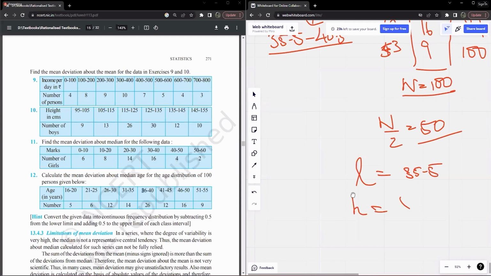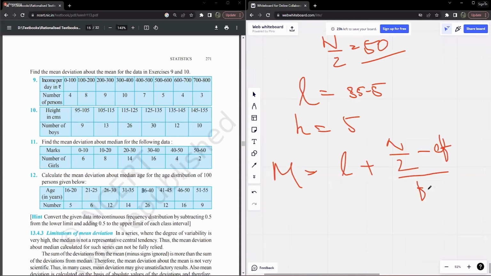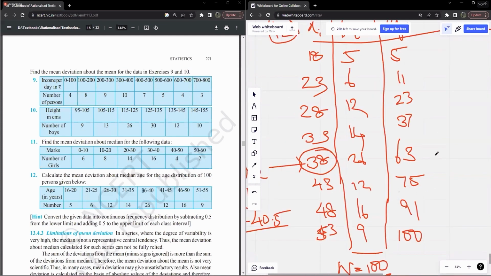Which is 35.5 plus (50 minus 37, where 37 is the CF of the previous class) divided by the frequency of this class, that is 26, into 5. 50 minus 37 is 13. 13 by 26 is 1 by 2.